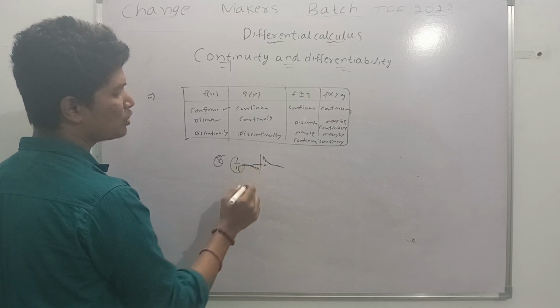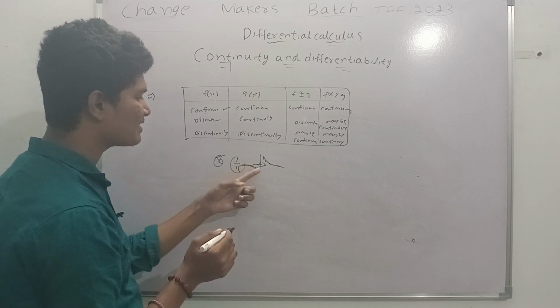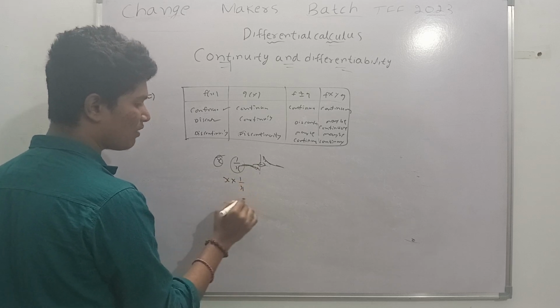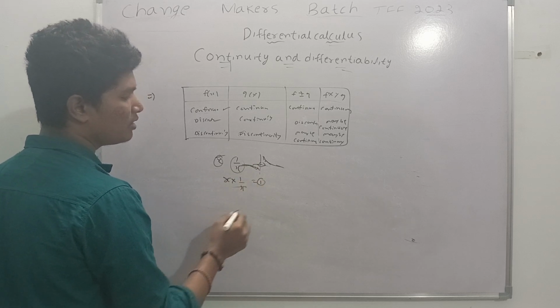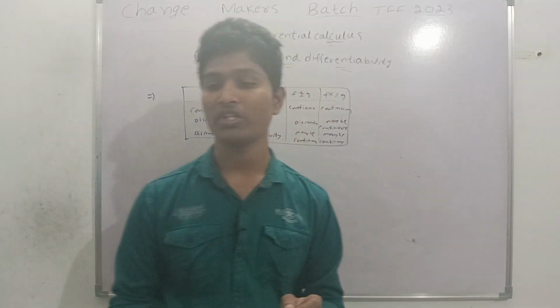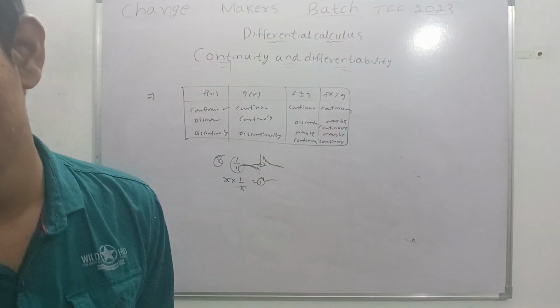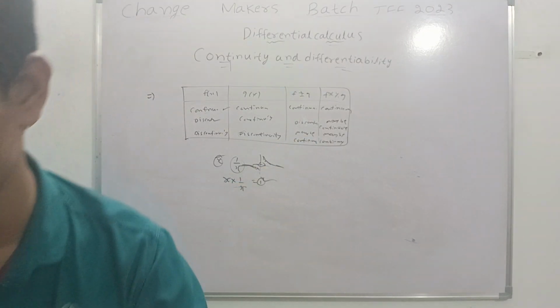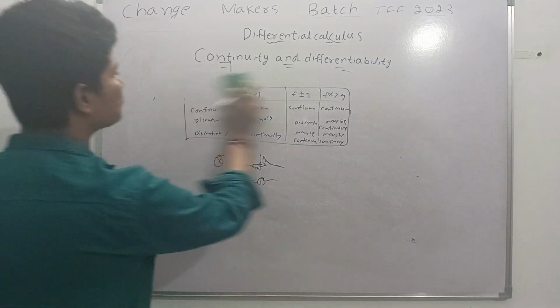So you can say there is a discontinuity here. But when we multiply x into 1 by x, the answer is 1. What is 1? 1 is a constant function, that is a point function. All constant functions are continuous, so there is a possibility of behaving like a continuous function. So it is an important thing.